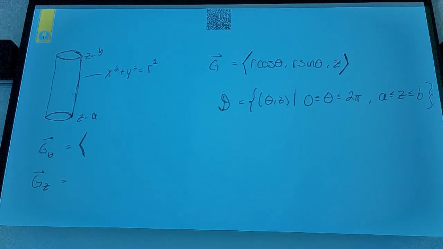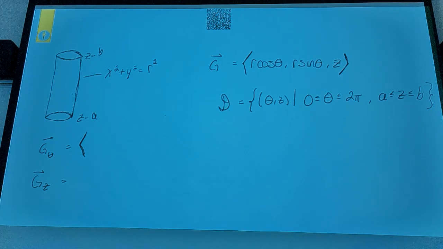First, with respect to theta, what do you get? Again, I'm just doing the general one. You mean just cosine theta, sine theta?